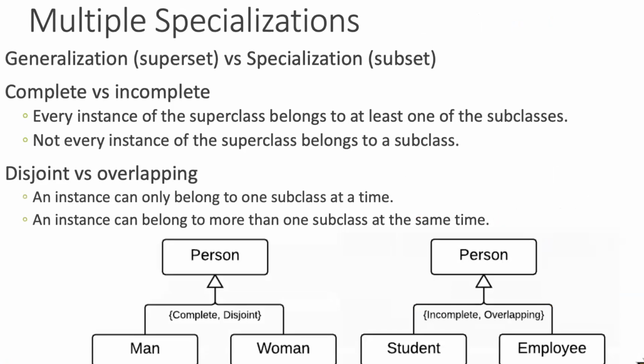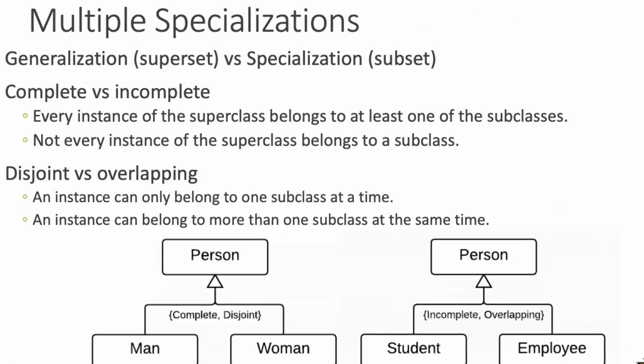And then we talked about the different types of relationship these could have. We have complete, incomplete, and disjoint and overlap. So for example, one more time, in this specific example of the person, a student and an employee, when the relationship between the two can be overlapped, we can say this is an overlapping.